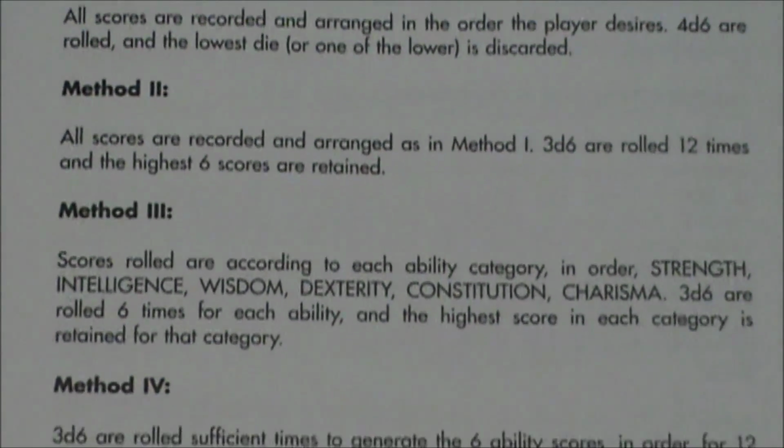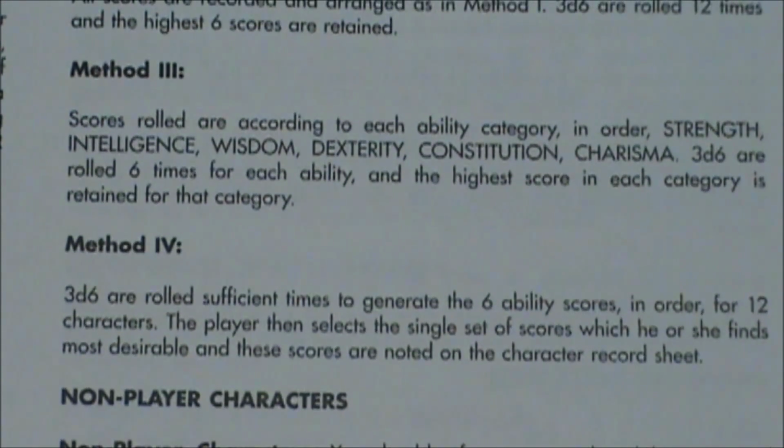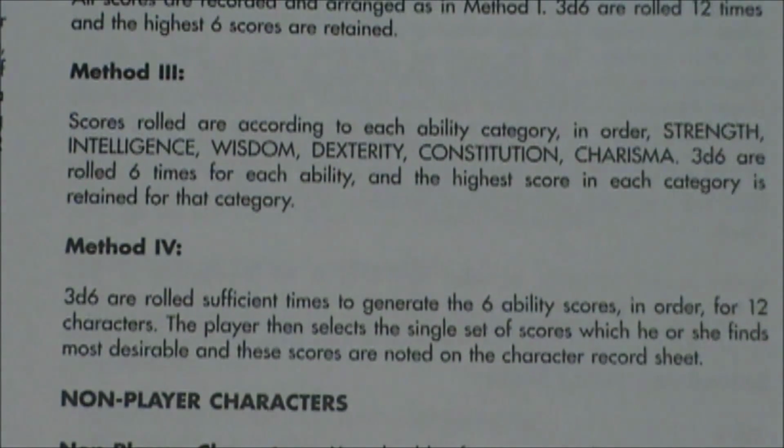Method number 3, it says that the scores are rolled according to each category in order. You start with strength, then intelligence, wisdom, dexterity, constitution, charisma. 3d6 are rolled 6 times for each ability, and the highest score in each category is retained. That's interesting. I don't know if I've ever seen anybody do that one, but it might be interesting to try.